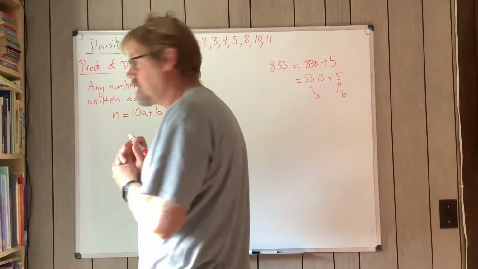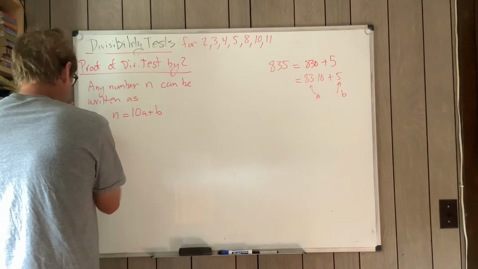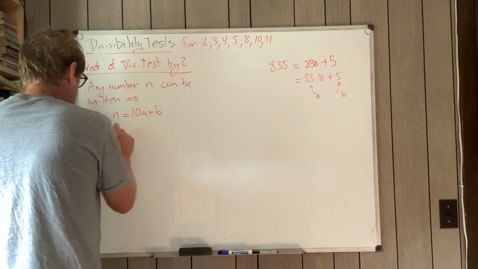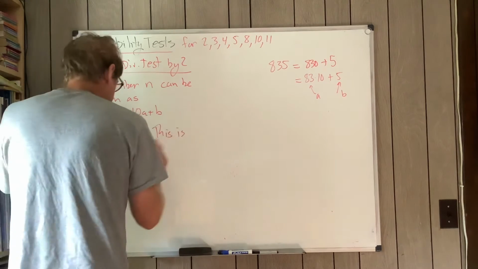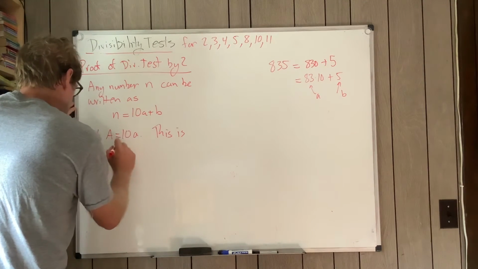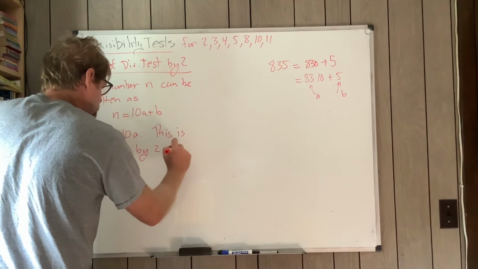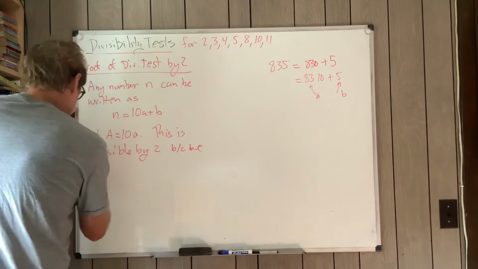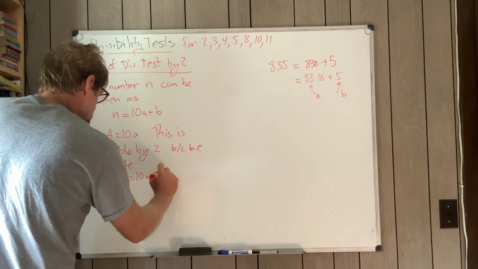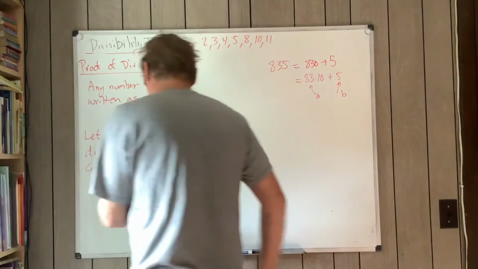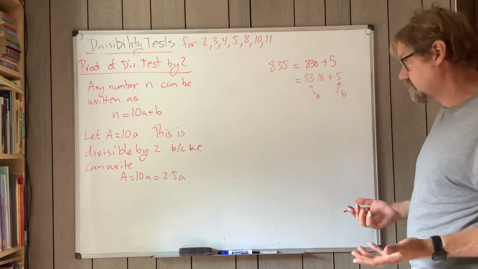Now, here's what we're going to do. I'm going to let A equal 10a. This is divisible by 2 because we can write this as 2 times 5a, and because we can write it as 2 times some number, it's divisible by 2.